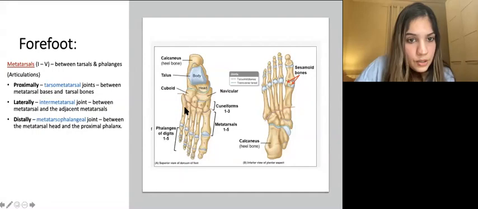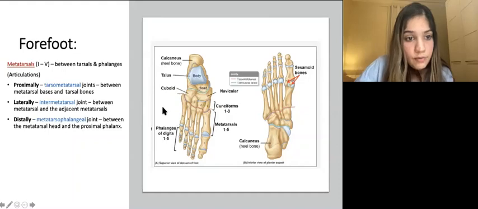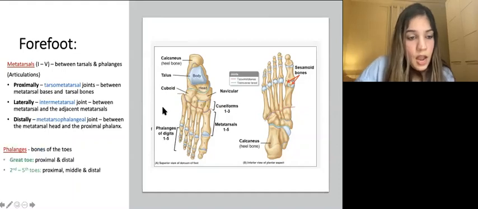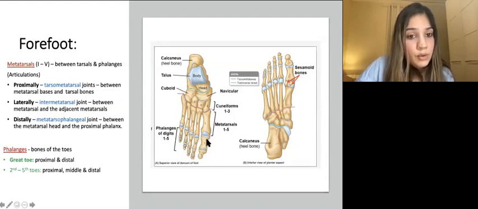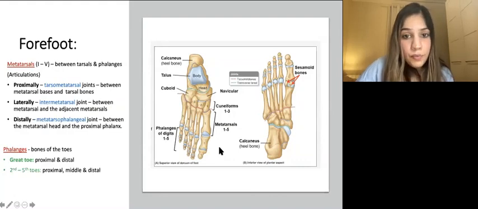So proximally tarsometatarsal, laterally intermetatarsal, and distally metatarsophalangeal. And the phalanges are the bones of the toes. As we said before, they all have 3, except for the great toe where you only have proximal and distal and no middle.